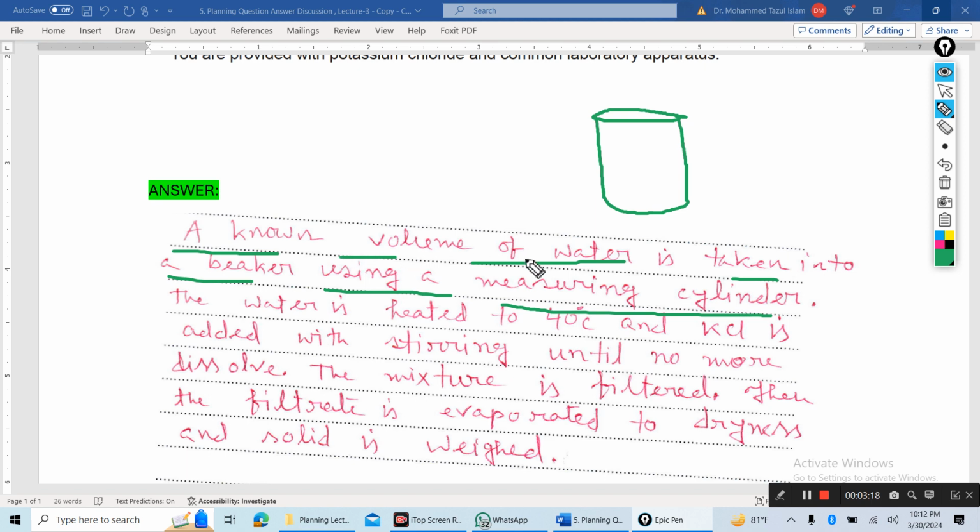You will take a beaker and, using a measuring cylinder, you will take a known volume of water, or you can take 100 centimeter cube of water. 100 centimeter cube is a known volume. You will measure 100 centimeter cube water by using a measuring cylinder.